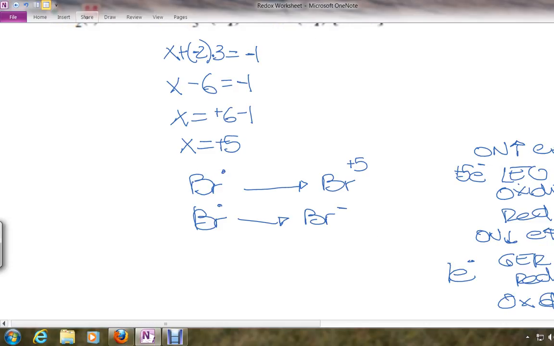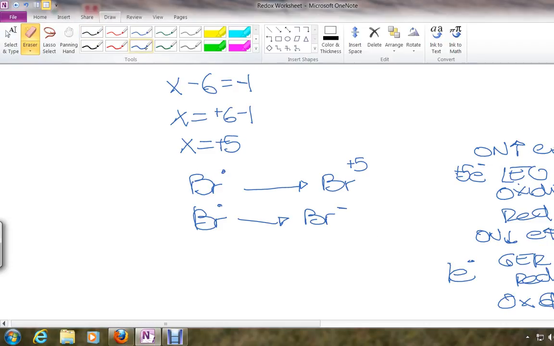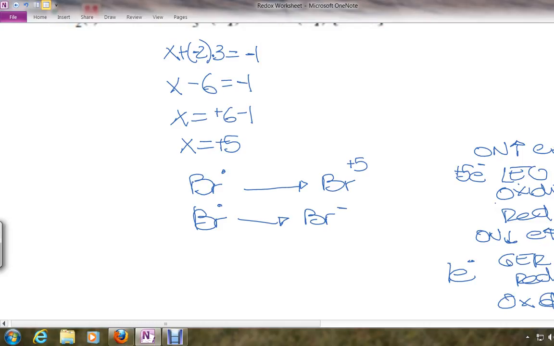So if it's losing electrons, it's going to be 5 electrons here, and here is going to be 1 electron.